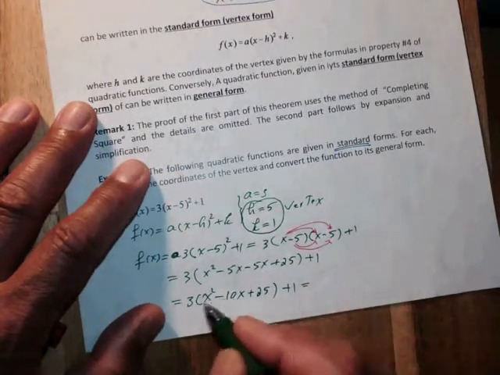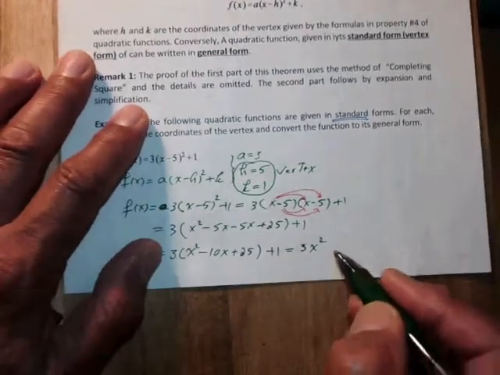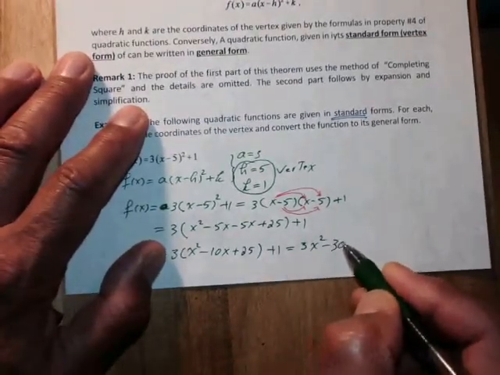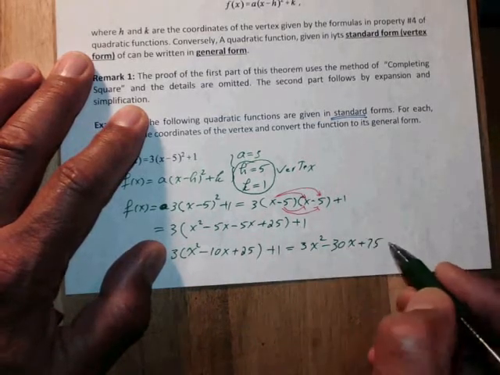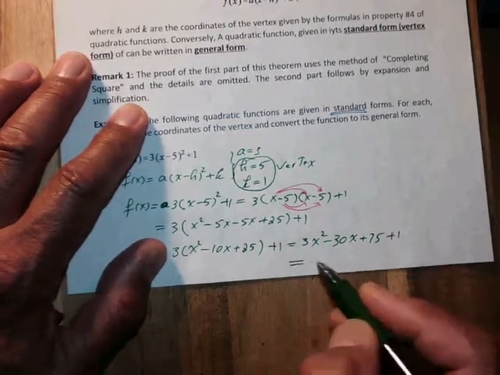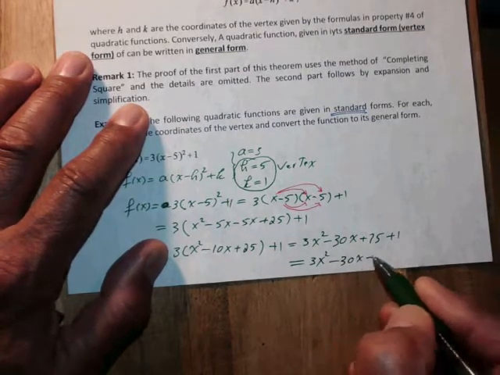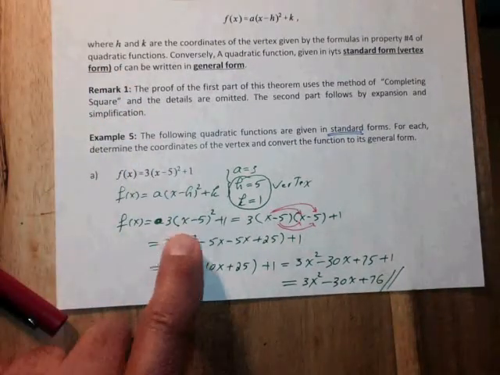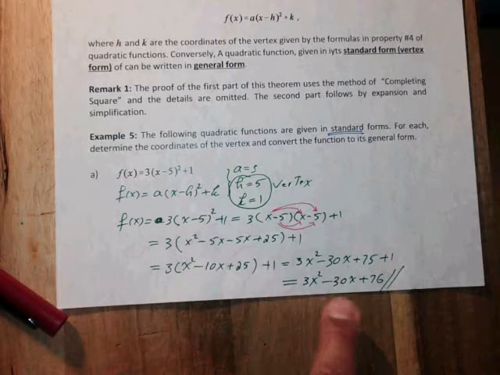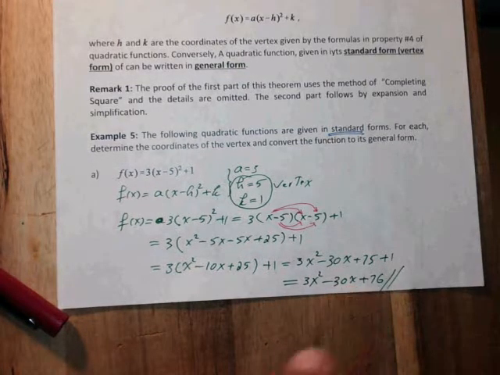Then if I multiply by this 3, I get 3x squared minus 30x, 3 times 25 is 75, then plus 1. Finally, 3x squared minus 30x plus 76, and I'm done. See, you started with the standard form and you ended up with general form. Pretty simple.